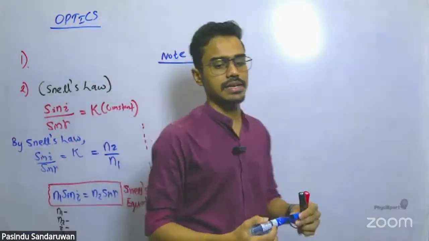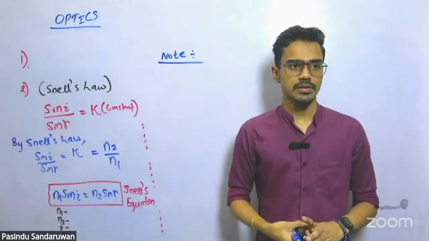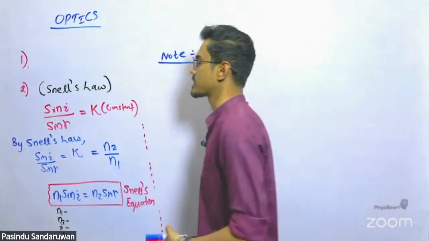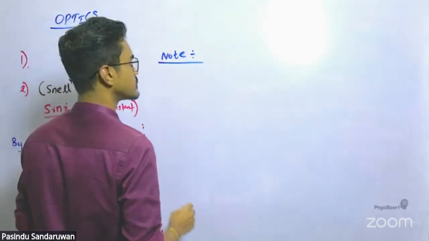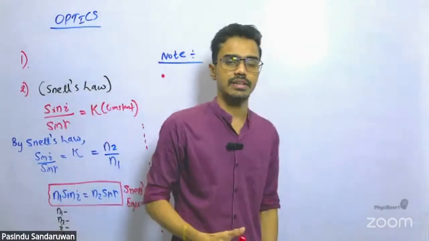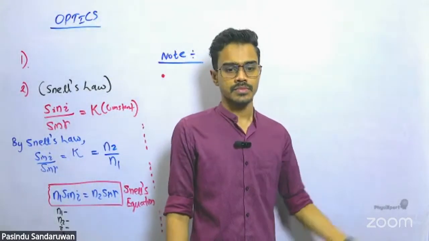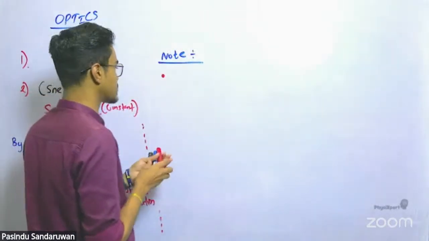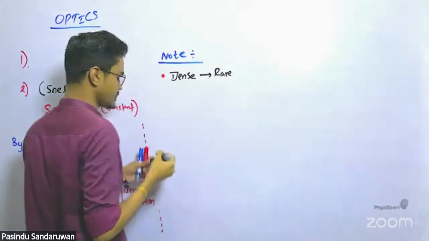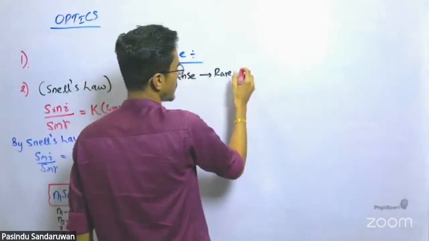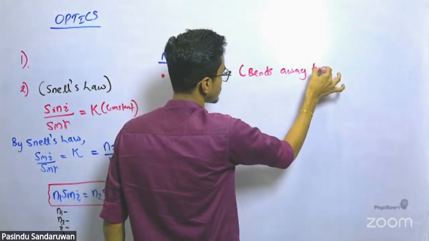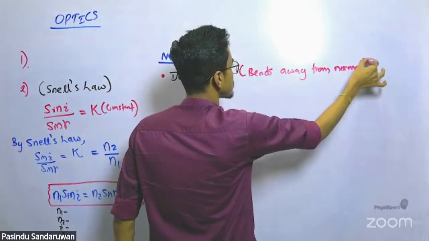When a wave travels from a dense medium to rare medium, it bends away from normal.